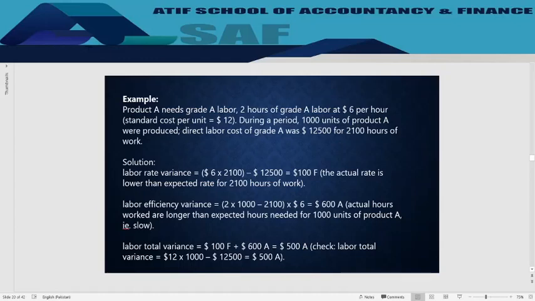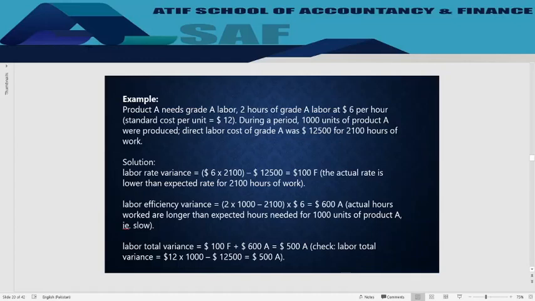For the calculation of labor efficiency variance, we have to consider how much standard hours are needed for actual production. Here actual production is 1000 unit, and as per standard 2 hours are needed for 1 unit of production. So 1000 unit needed 2000 hours, but actually we have used 2100 hours, more than our expectation.